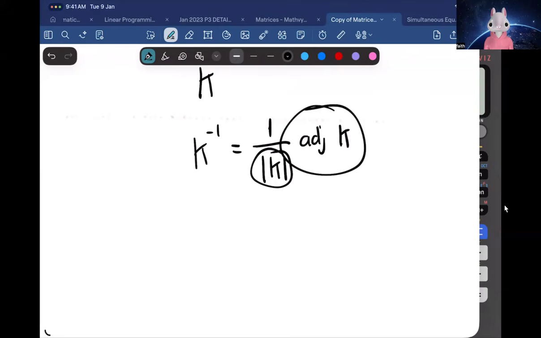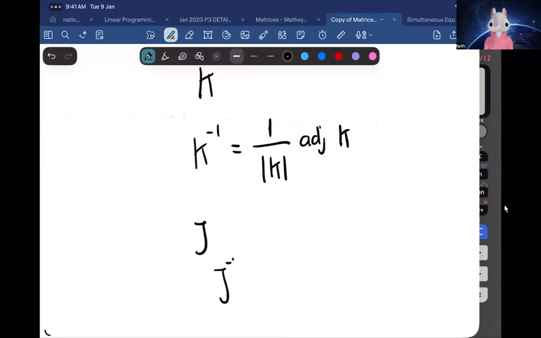That's all. All right, let's just say our matrix G. Inverse would be equal to 1 over the determinant. Say it with me: determinant, determinant.